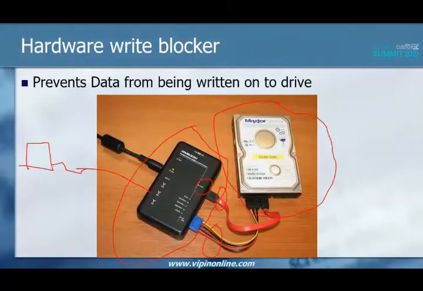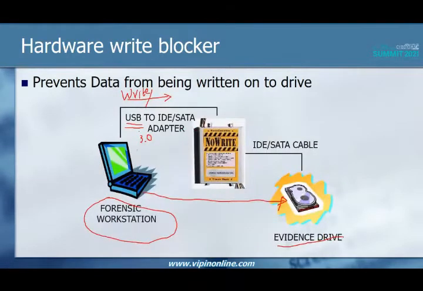So what this write blocker does is block the hard disk write channel from the computer. That means whenever we write a file to a hard disk, it uses interrupt 13H.